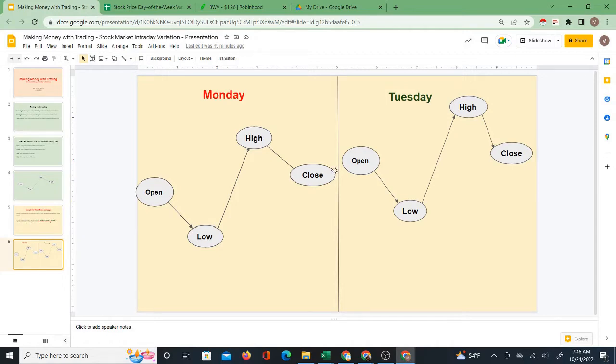But then on Tuesday, it opened up a bit higher than it closed, dropped to another low, rose to a high that is even higher than the previous day, and then dropped to a close that is even higher than the previous day, right? So here we see these gaps. We see the close on Monday lower than the close on Tuesday.